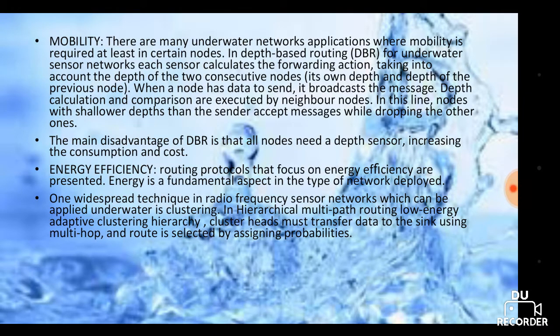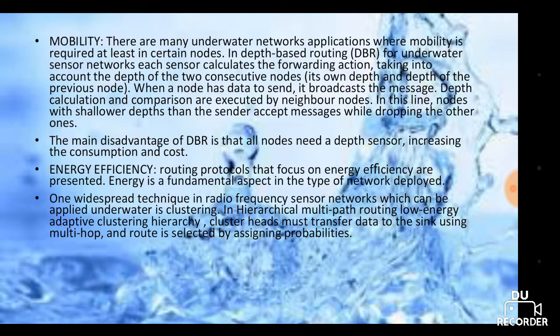Mobility. There are many underwater network applications where mobility is required at least in certain nodes. In depth-based routing for underwater sensor networks, each sensor calculates the forwarding action taking into account the depth of two consecutive nodes, its own depth and the depth of the previous node.